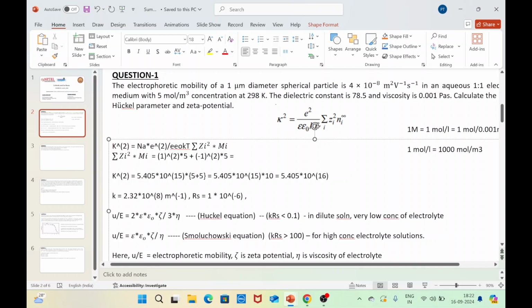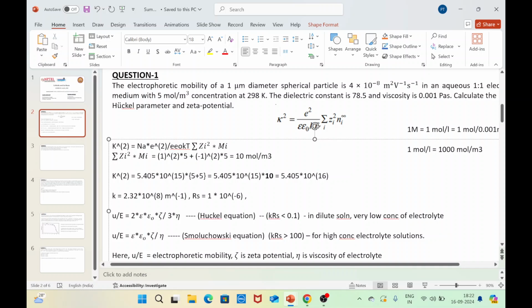So it's 5 plus 5, that is 10. That's what is written here also, or I'll write 10 mole per meter cube. That's what is given, 5 plus 5, which is 10. I hope you are able to see my cursor. So this one.